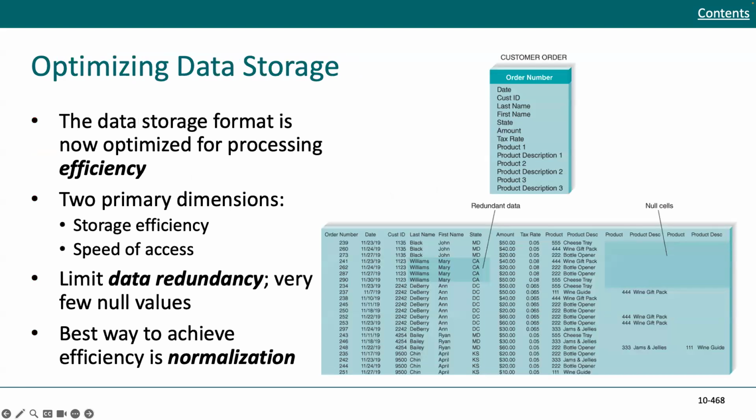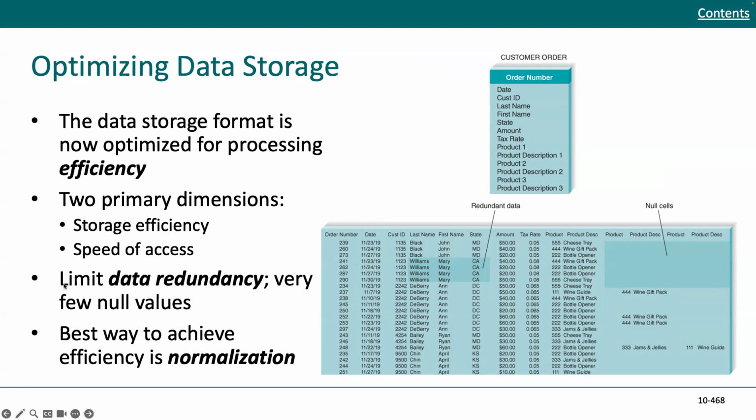So how do we think about the optimization of the data storage? The data storage format is now optimized for processing efficiency. We want to make sure that when we use the database, we get our data quickly, and we have to consider the nature of the data that we're going to be passing a lot. So there are two primary dimensions: storage efficiency and speed of access.